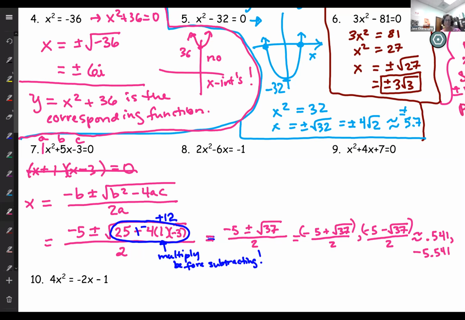which you can also see are kind of symmetric around negative 5. Is that right? No, they're symmetric around negative 5 halves. Negative 2.5, yep. But there's a symmetry there.